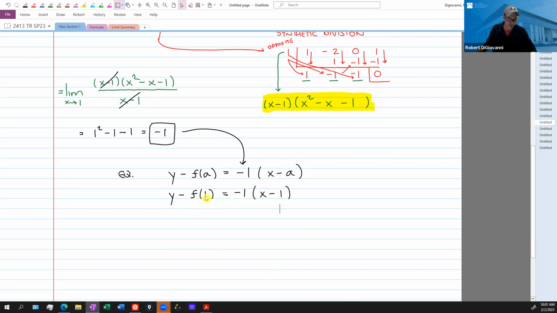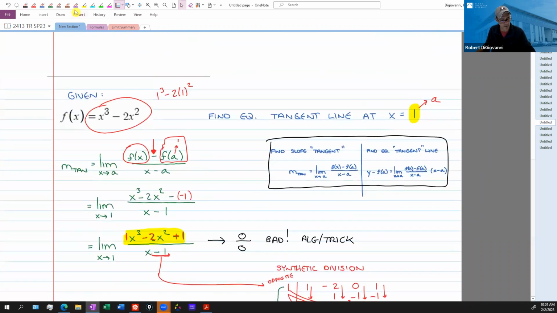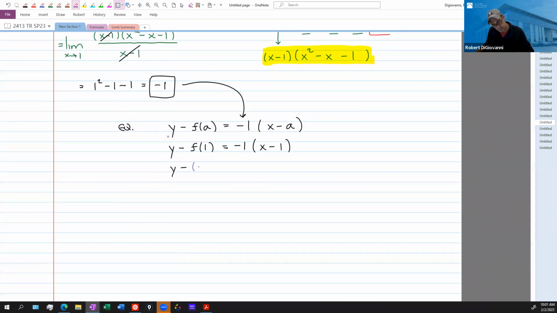And what was f of 1 again? When we plugged 1 into the original function, didn't we get -1? We did that right here, right? We plugged 1 into the original function and we got -1. So we already know that that's going to be a -1 from earlier. And then over here, -1 times x minus 1.